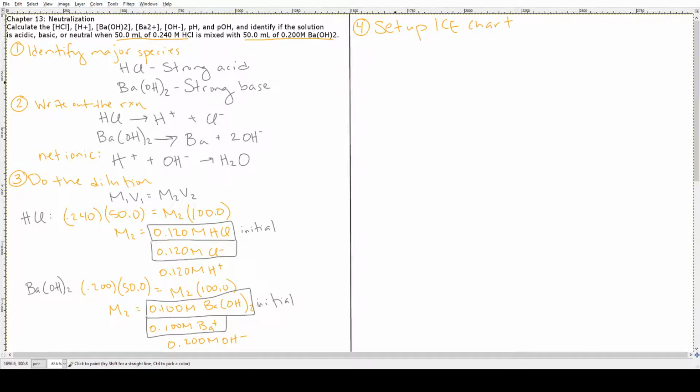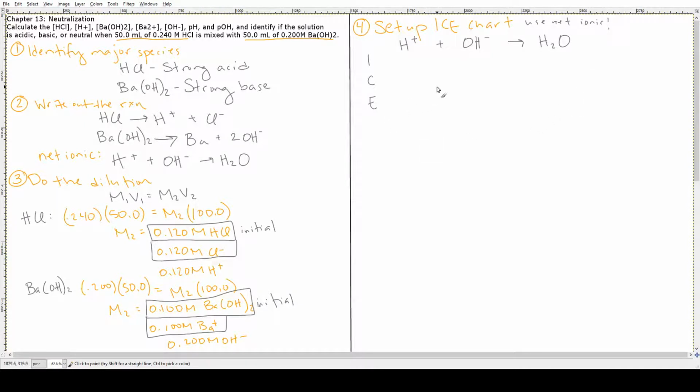Again, this step, some of you might be able to do this without an ice chart. However, there's no harm in making it. So I'm going to use my net ionic for this. That could be an annotation on a neutralization problem. When you make an ice chart, use the net ionic on a neutralization problem.